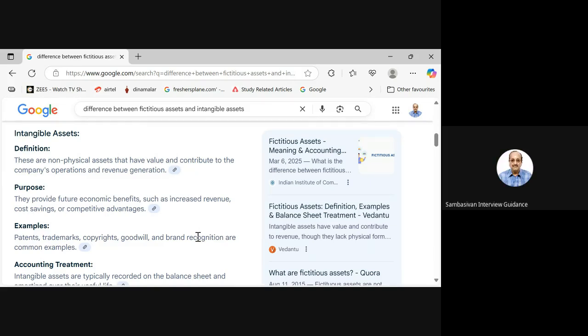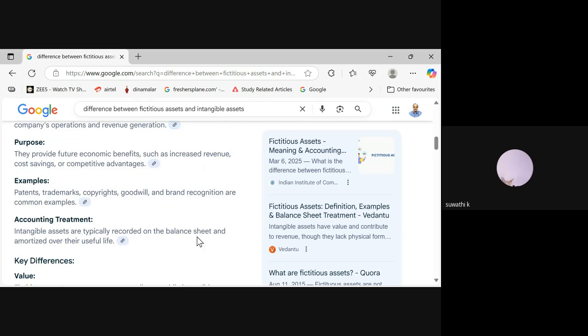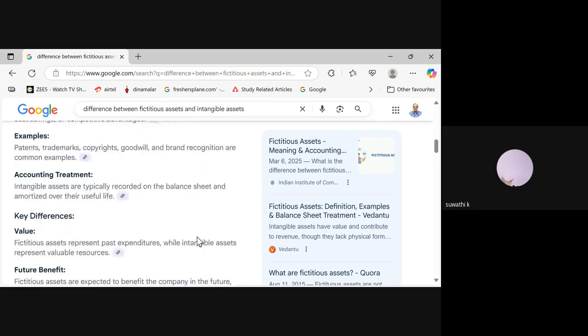Examples: patents, trademarks, copyrights, goodwill, and brand recognition are common examples. Accounting treatment. Intangible assets are typically recorded on the balance sheet and amortized over their useful life. Amortized means reduced every year.